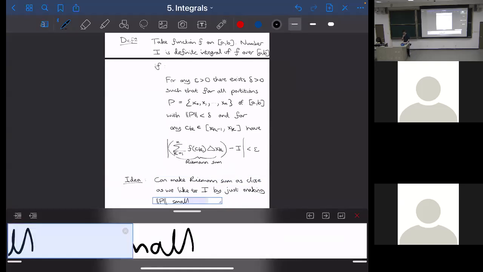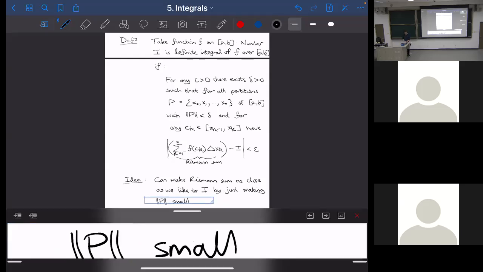I said delta p, but I didn't mean that. I meant this thing, which means the largest interval in the partition. Just making that small.